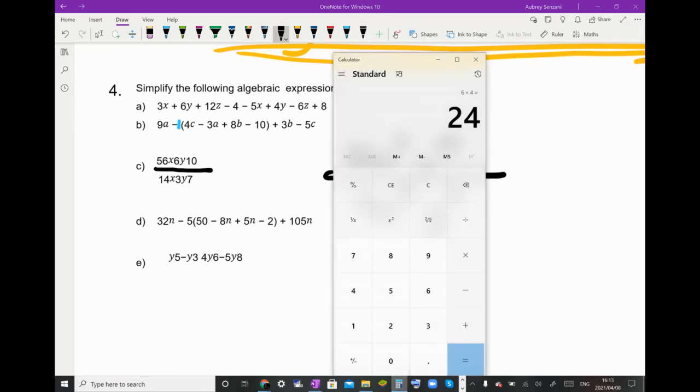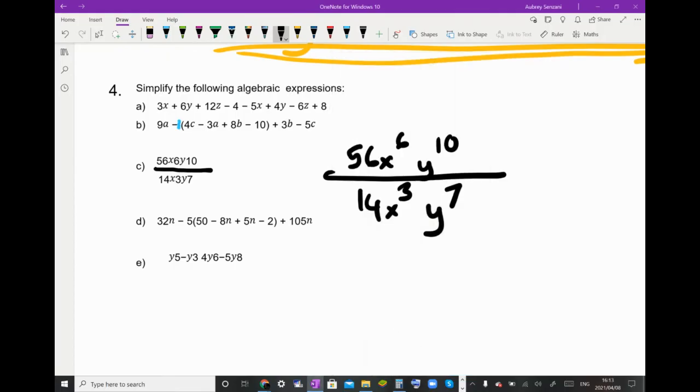I don't know mentally. Let's do it on the calculator. 56 divided by 14. We get 4. So this cancels out that, and we have 4.